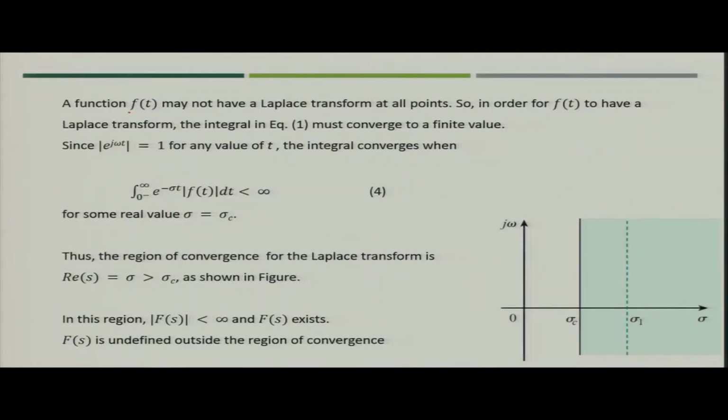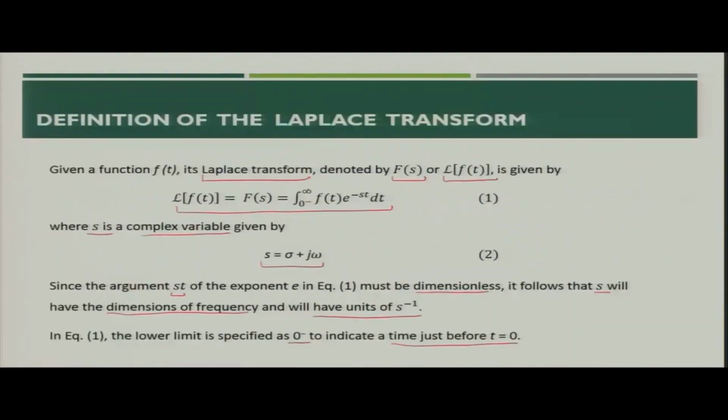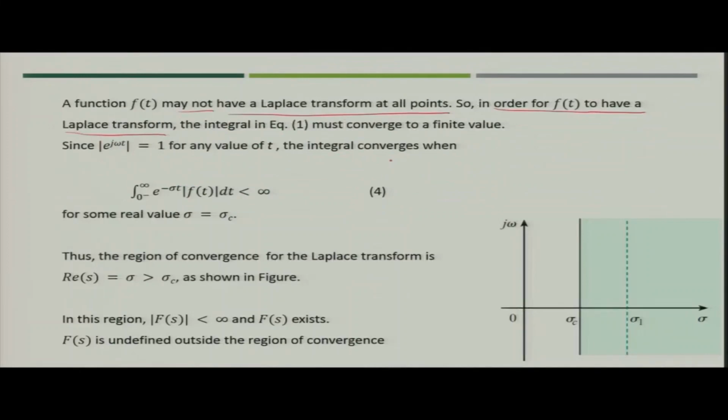Now, the function f(t) may not have a Laplace transform at all points. So, in order for f(t) to have a Laplace transform, the integral we saw here should have a finite value, or it should converge.